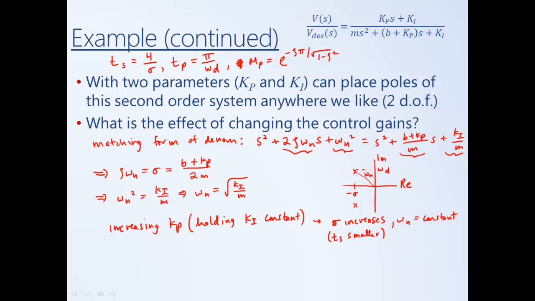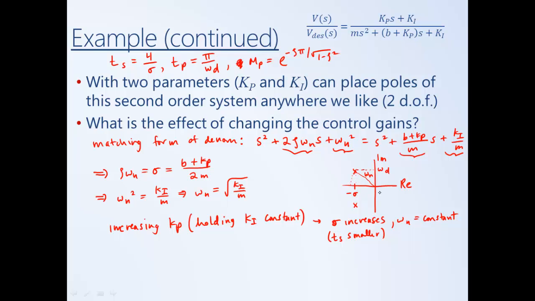Okay, so if we look at this, sigma's getting larger. So as we increase Kp, sigma gets larger. So this is going to move to the left. But omega n stays constant because Ki is unchanged. That means that the radius will stay unchanged. So in essence, the pole is going to move along a circle to the left and down.